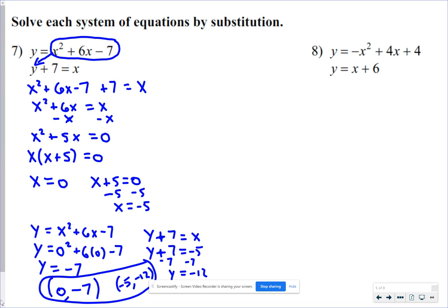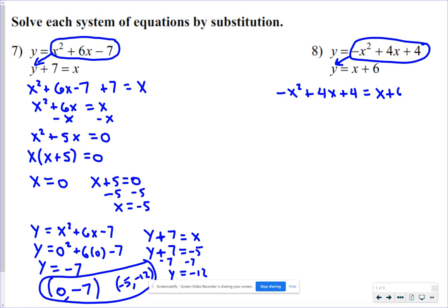Okay, problem number 8. Solve the system by substitution. Again, notice the y's are by themselves. So I'm going to do a little quick substitution. I'm going to take this expression for the y, put that into the second equation in place of the y. So we have negative x squared plus 4x plus 4 equals x plus 6.